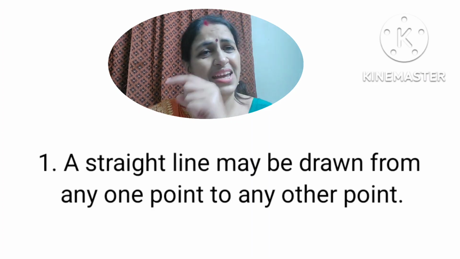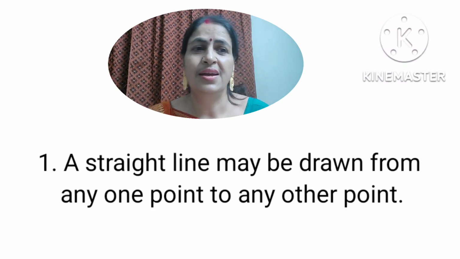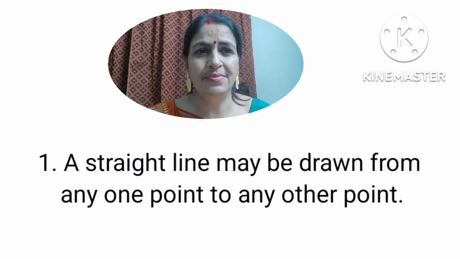Now postulates. Postulate number 1. A straight line may be drawn from any point to any other point, and we know that we can draw a straight line from any point to any other point.